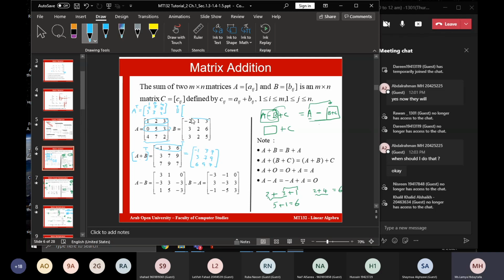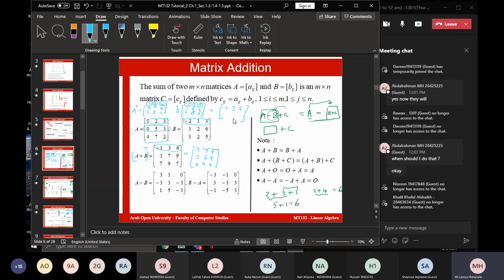So this is going to be -2, 1, 3, and then 3, 2, 6, and then 3, 2, 5, correct? Okay, what if you add them up? What if you add A transpose to B transpose? 1 plus -2 is -1. 0 plus 3, this is a 3. 4 plus 3, this is 7, correct?